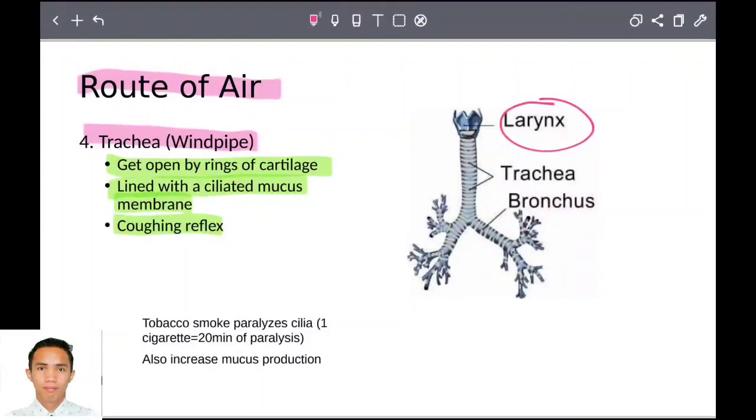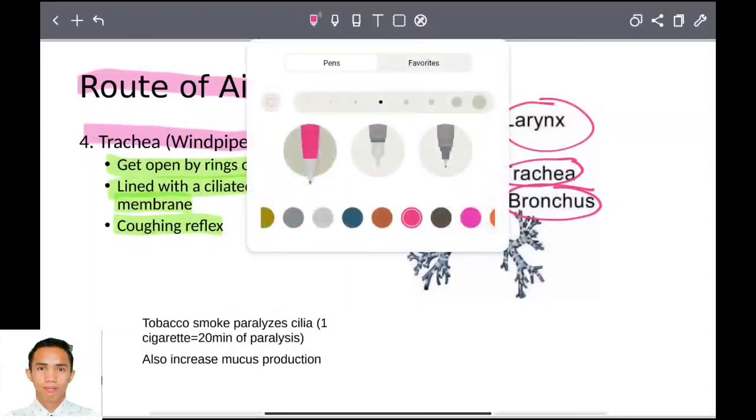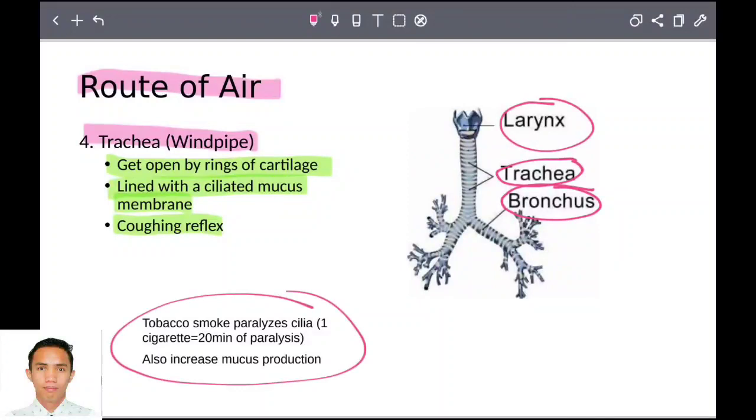Next to the larynx is the trachea, then the bronchi. This passage is the windpipe, or trachea. We have very good information here: tobacco smoke paralyzes cilia, one cigarette causes 20 minutes of paralysis. It also increases mucus production.